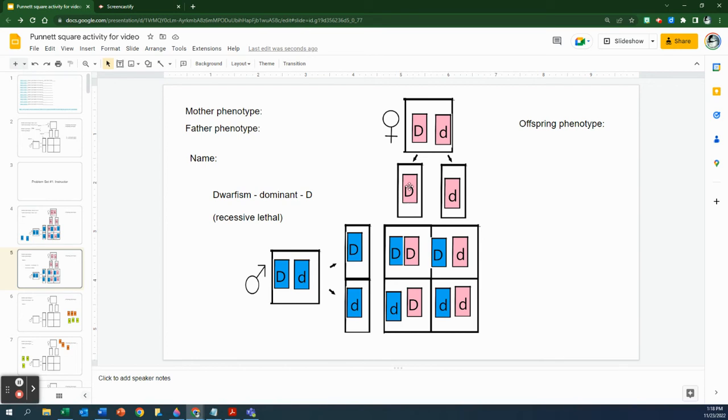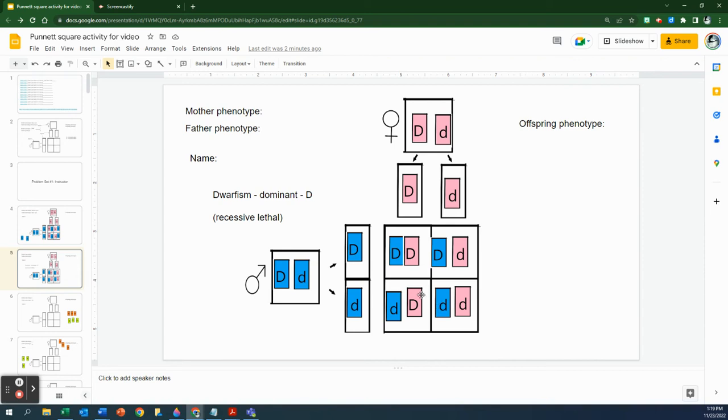So the dwarfism gene is carried along in 50% of the eggs and the sperm cells, and they distribute exactly the same way as the deafness gene, and then comes the interpretation.